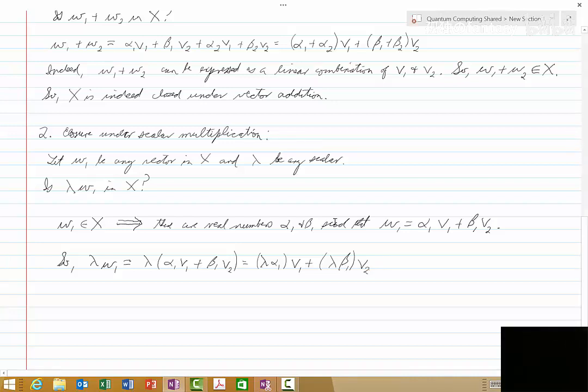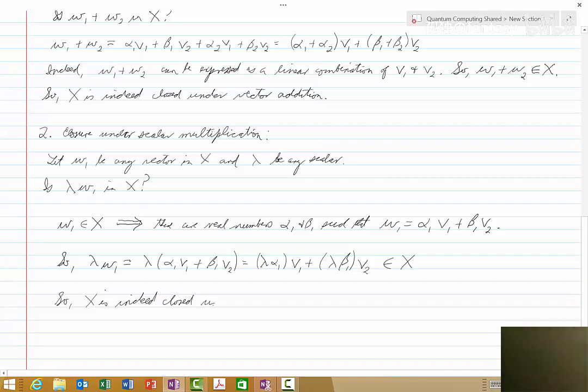And now we think about it. Remember alpha 1 and beta 1 were real numbers. Lambda is a real number, and so when we multiply a real number times a real number, we still get a real number. So this is a real number multiplied by V1 plus a real number multiplied by V2. And so indeed, this is an element of X. So X is indeed closed under scalar multiplication.